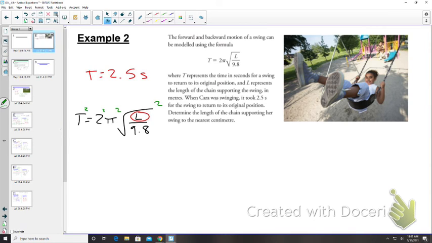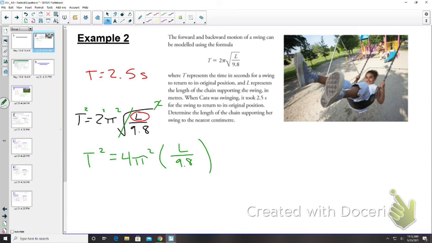Okay, so we're going to square the 2, we're going to square the pi, we're going to square the T, we're going to square the square root. But when you take the square of a square root, that cancels. So we are going to be left with T squared is equal to 2 squared is 4, and pi squared is pi squared. So 4 pi squared times L divided by 9.8 now.